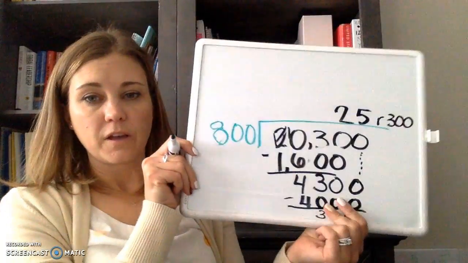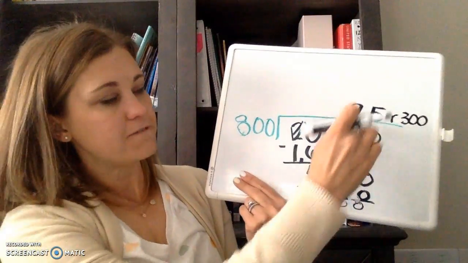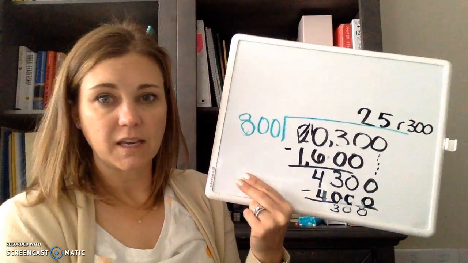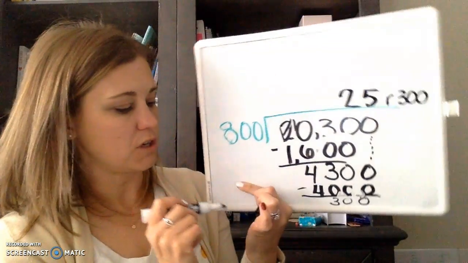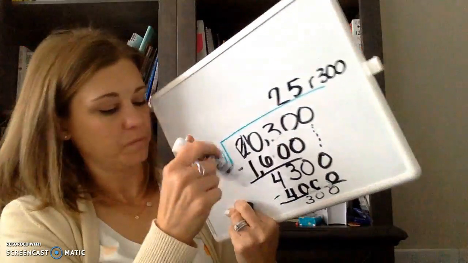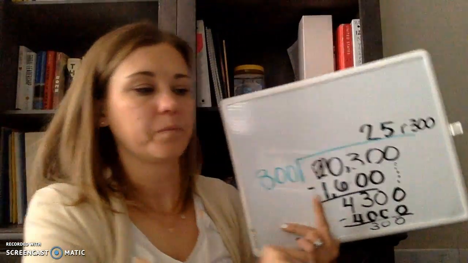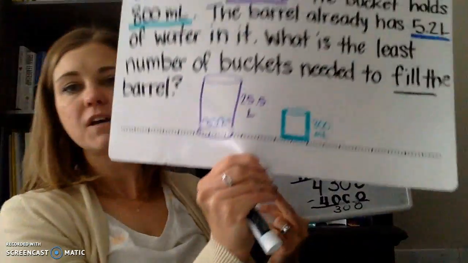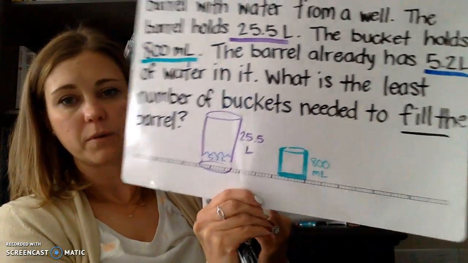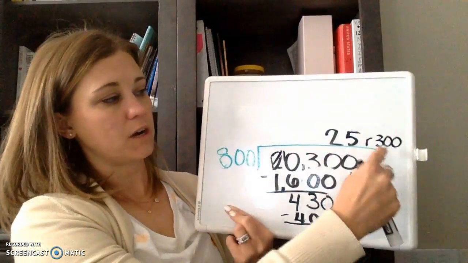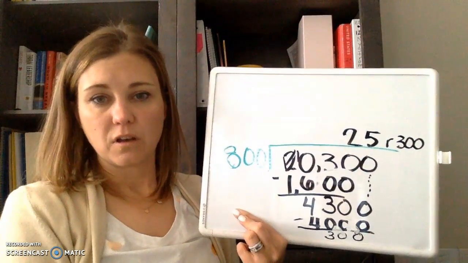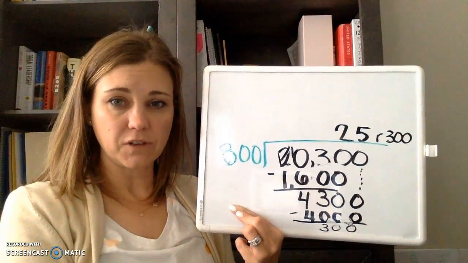So I know that it's going to take 25 buckets to get to 20,300. But here's the thing. In my problem, it said that I needed to fill the barrel all the way up. Well, I have a remainder of 300. So I still have some that I need to fill up.